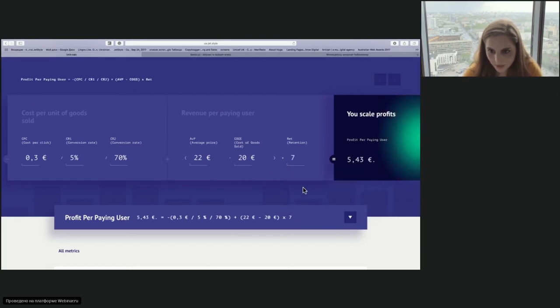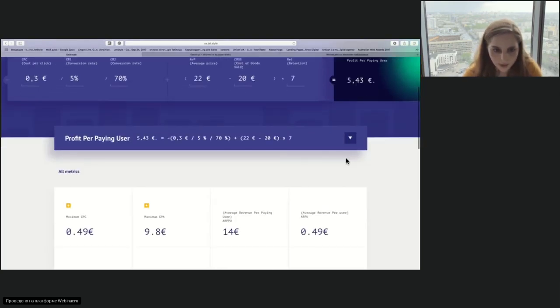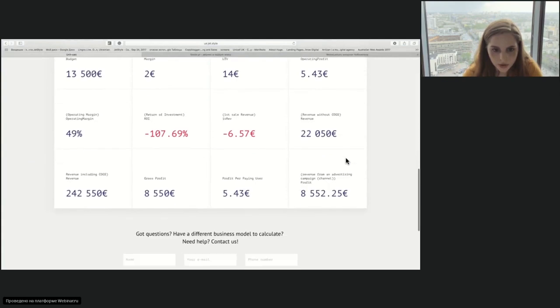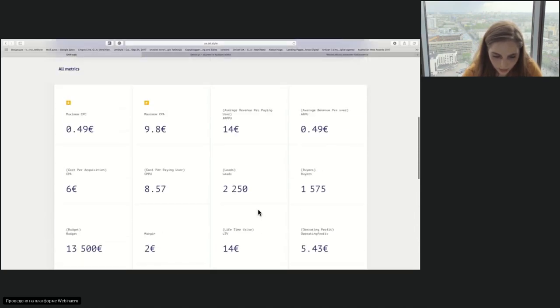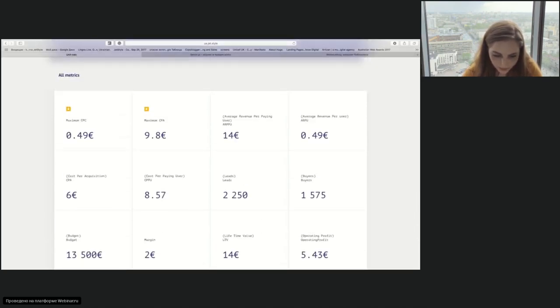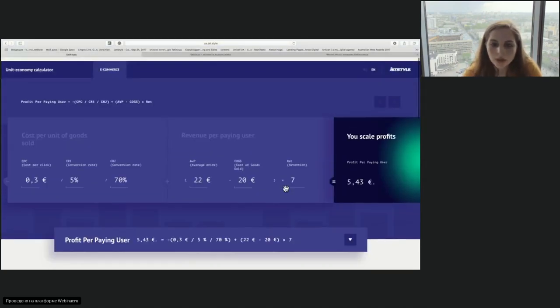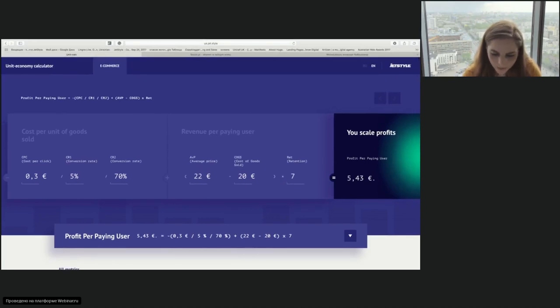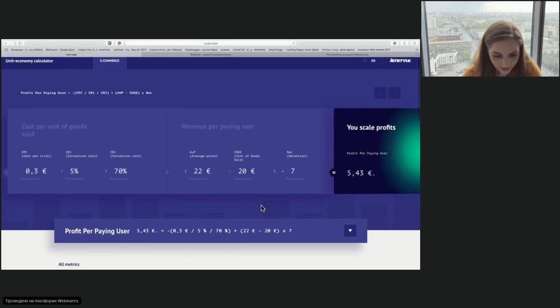So at last we are making profits. How much? This much. Okay, so this was an example of how we use the calculator for decision making.